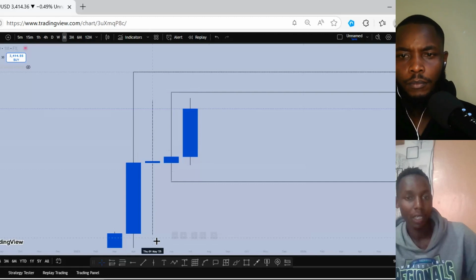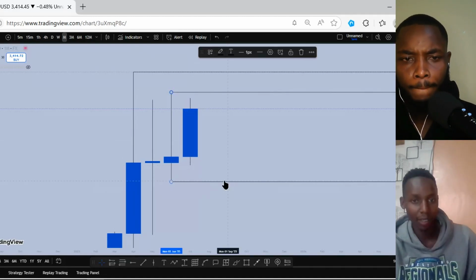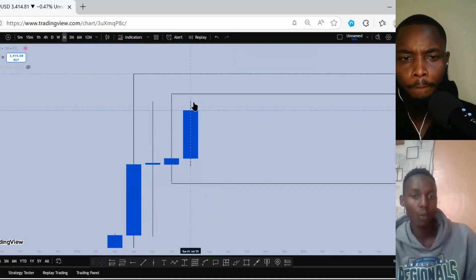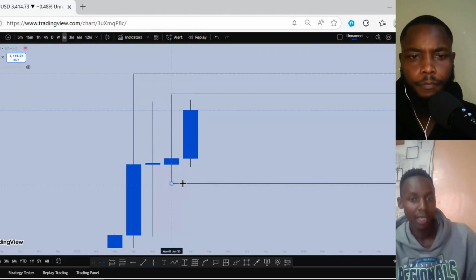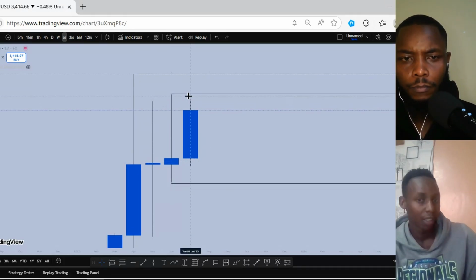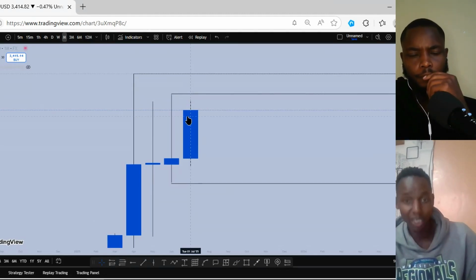I have these levels that I've already marked up, this level 1 and also this level 2, but since we are seeing the market is more bullish, this low is really not of keen interest compared to this high. But if indeed we're going to see the market rally to this high, we need more confirmations.